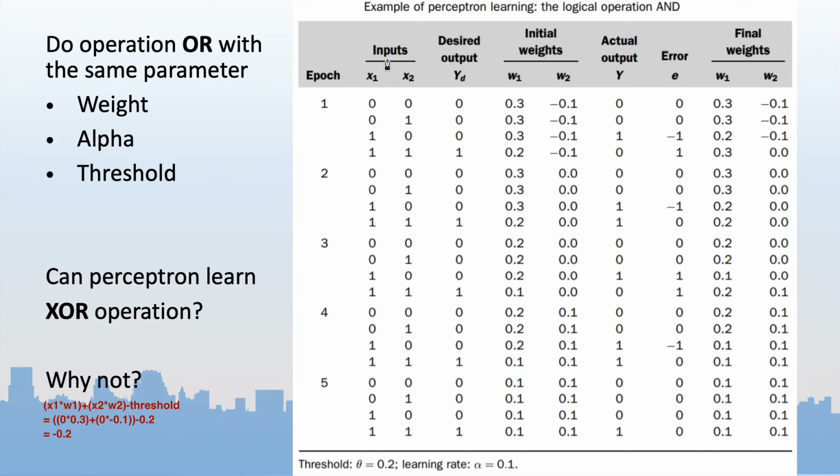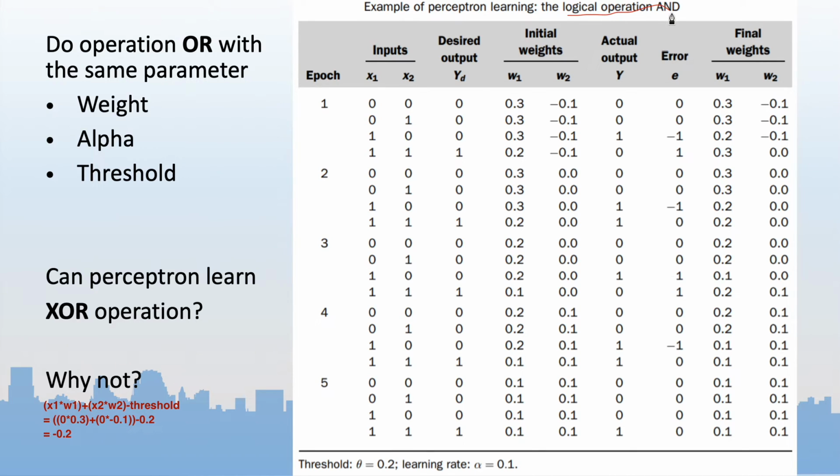Okay, if you look at this column, we have inputs x1 and x2. So this is the combination, and the products for this combination will be used to find the desired output. As I explained just now, this is called y desired, and we get the desired output by using a logical operation.